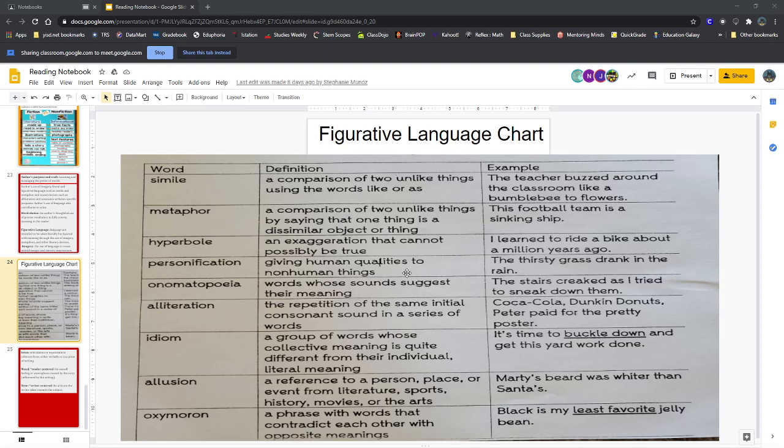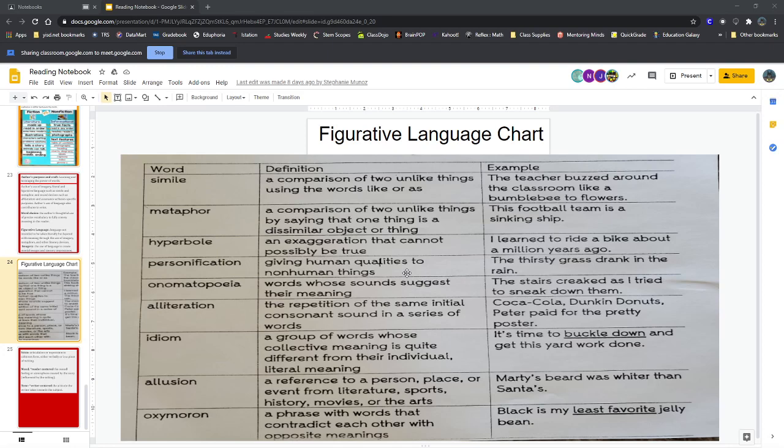The thirsty grass drank in the rain. Can the grass really sit there and look at you and go, "Oh, Jaylene, I'm so thirsty. I need water"? Is the grass really going to say that to you? No. When it rains, is the grass really out there with little glasses catching all the rain and then really drinking it?